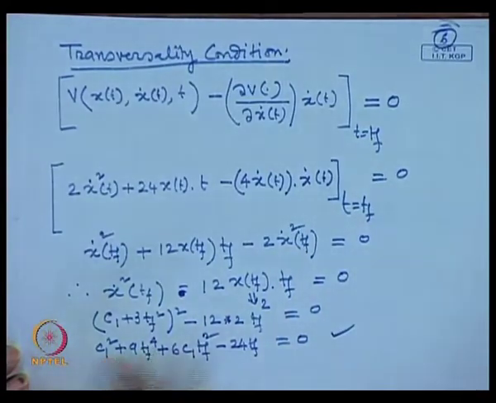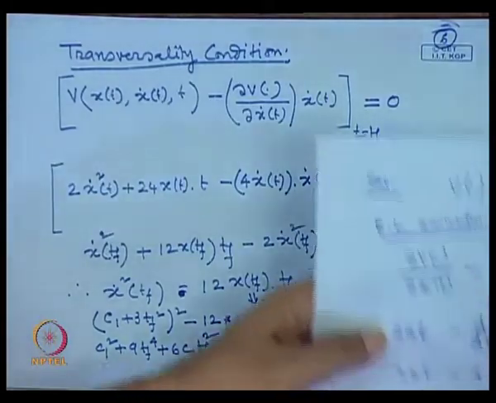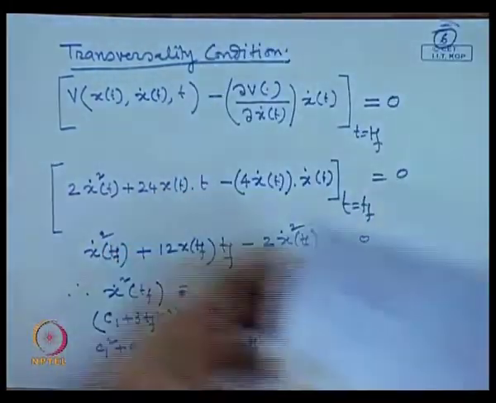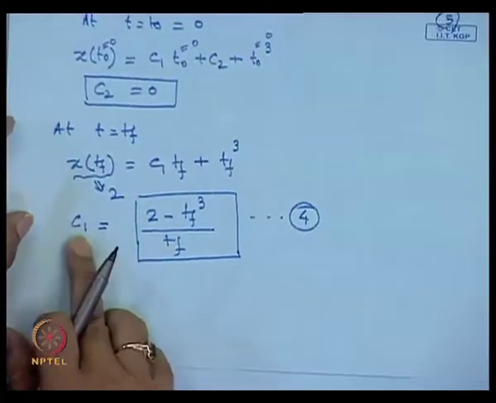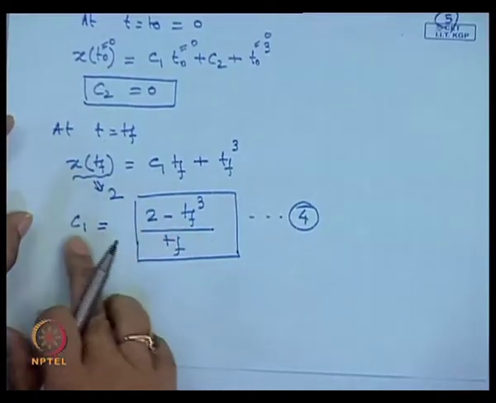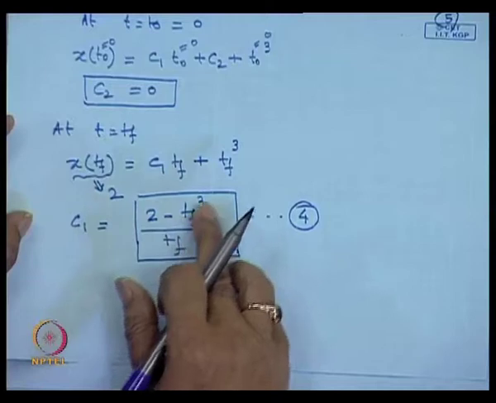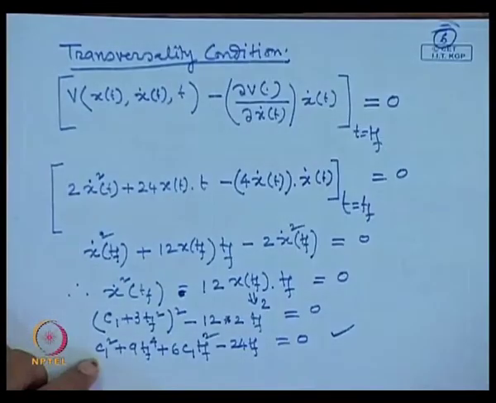So, now C 1 expression we have already derived in terms of T f. So, I will put the value of C 1, 2 minus T f cube by T f, in this expression.